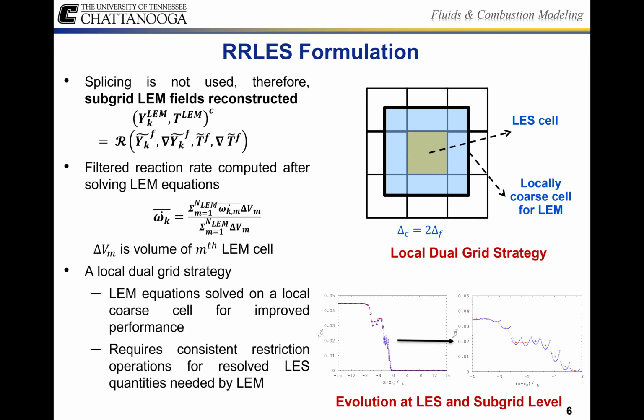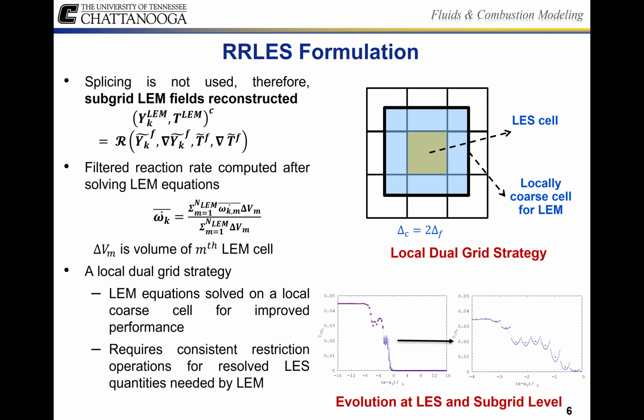At present, the gradient-based reconstruction is summarized by this first equation, where R is the restrictor operator, or restriction operator, that does a conservative filtering of the fine grid, indicated by delta, to the coarse grid, indicated by 2 delta. And it does this to initialize the LEM fields.